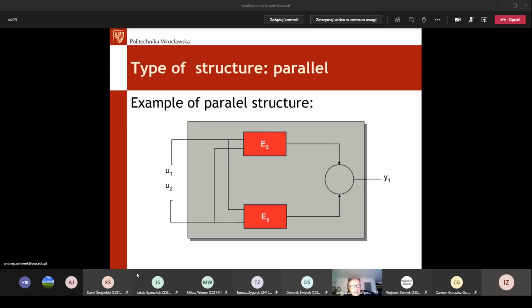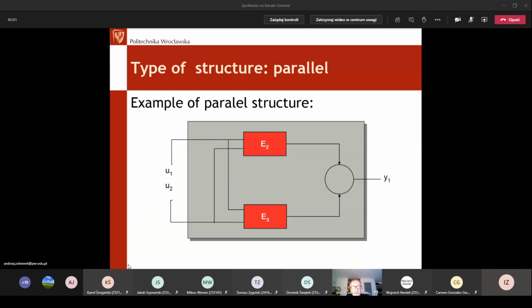The next structure is parallel. It means that the same signals are put to the inputs of two or more elements, and the outputs of these elements are summed. In this figure, you can see that we have two elements.